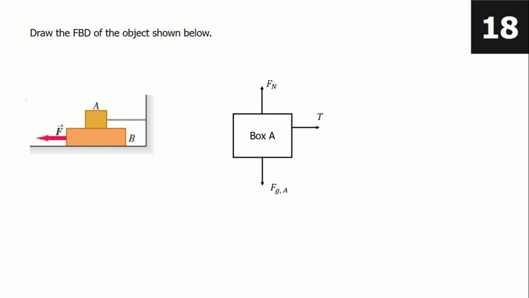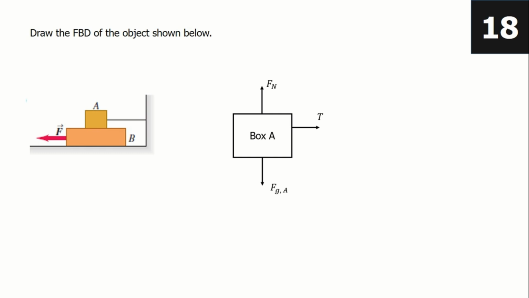When you pull object B, object A will go along with object B, but it cannot move very far since it is attached to the wall through the string.